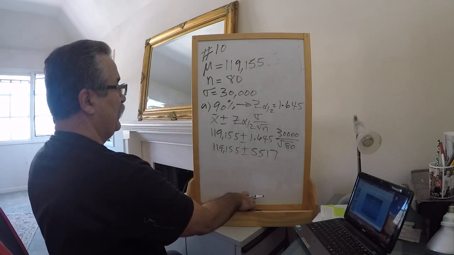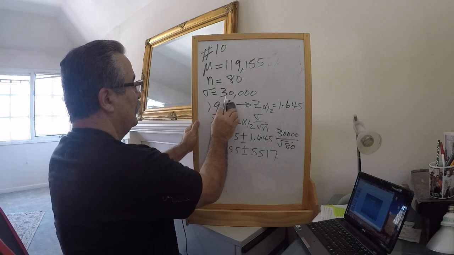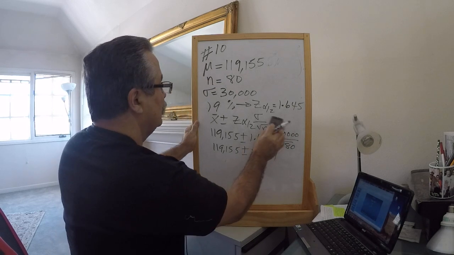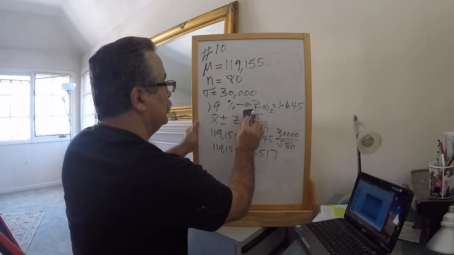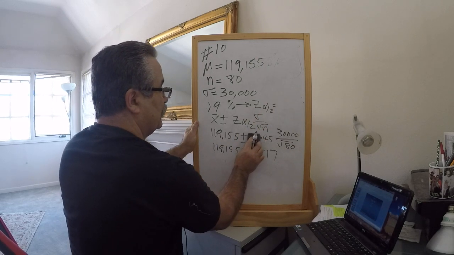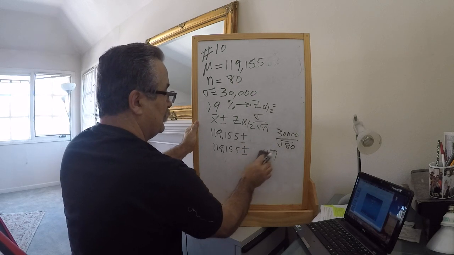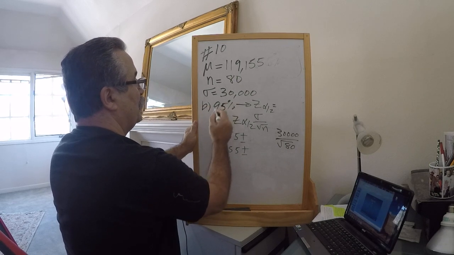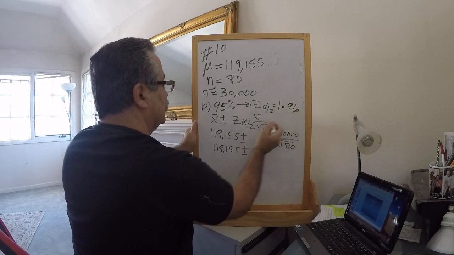For part B, they ask for 95%. So for 95%, z sub alpha over 2 is 1.96.